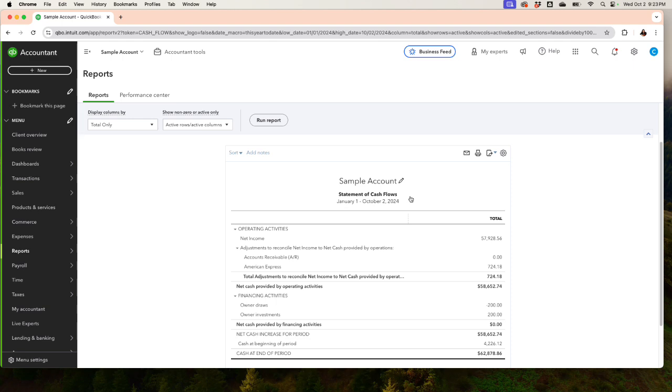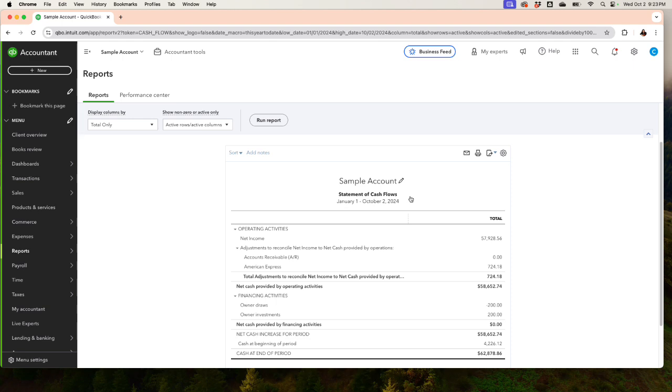What's going on with the cash in your business? Keep in mind, this could be a lot larger, especially if you have a lot of activity with loans and with equity and so on and so forth. This one is a very simplified statement of cash flow because this is just a simple company.